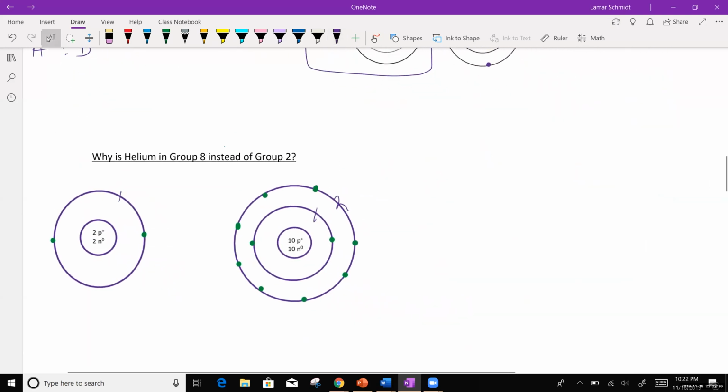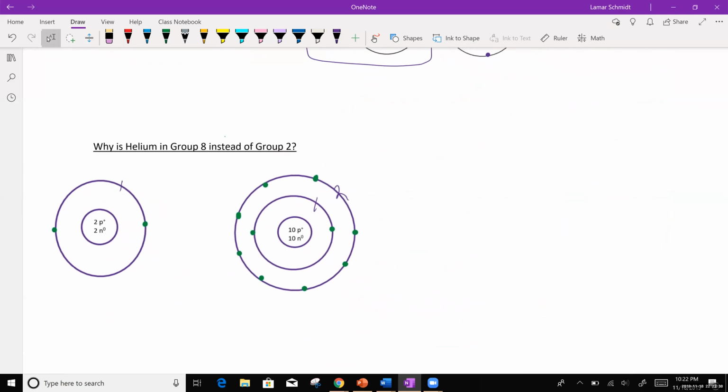Now, we get to a very interesting question. If you notice, helium is in group 8 and neon is in group 8.